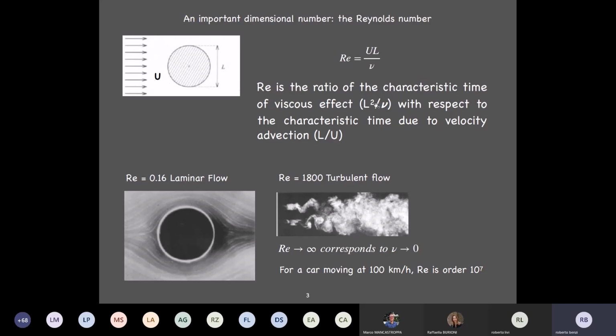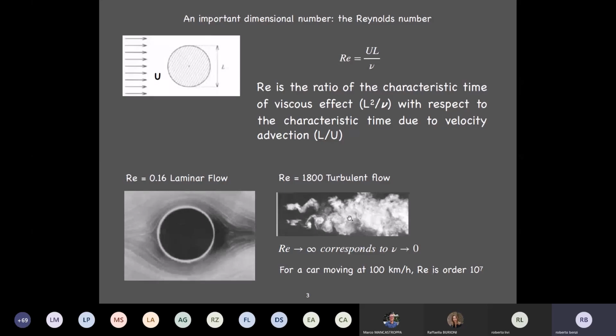When the viscosity is not dominating the system, the time scale becomes extremely large, and the Reynolds number, of course, becomes extremely large. As a matter of fact, when the Reynolds number changes, you can see from this simple cartoon that the flow starts to be laminar, but when it increases enough, turbulence appears, and you have a really chaotic motion of the fluid in time and space.